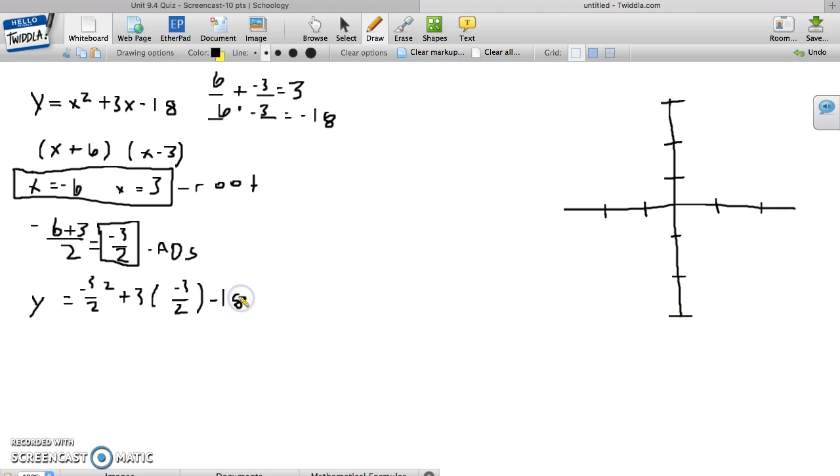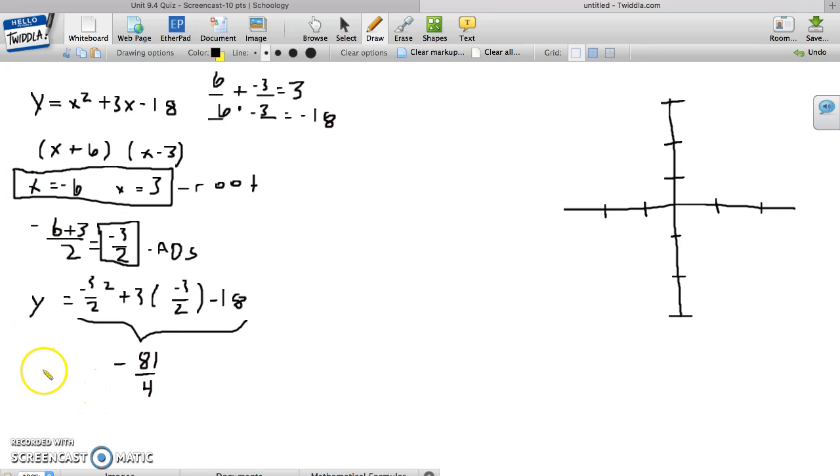Sorry, it's a little messy, I know. But from there, you should get that all of this equals negative 81 over 4. And that is our y.